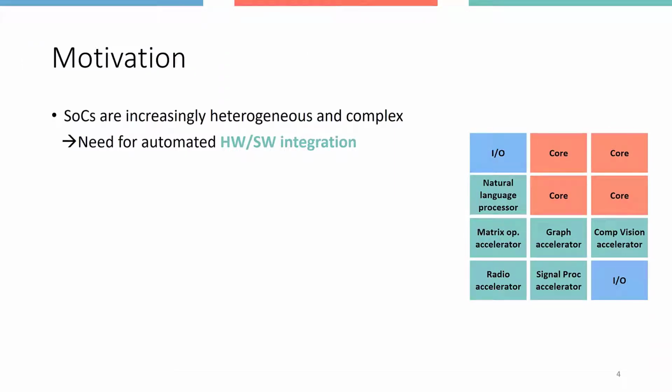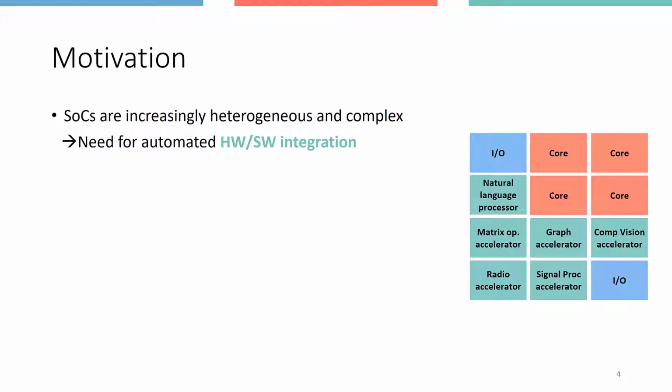So why did we develop ESP? This goes back actually to several years ago, to the motivation of quite a bit of the research that the system level design group at Columbia has been doing. We believe that information technology will increasingly rely on computing systems that are heterogeneous, more and more heterogeneous.